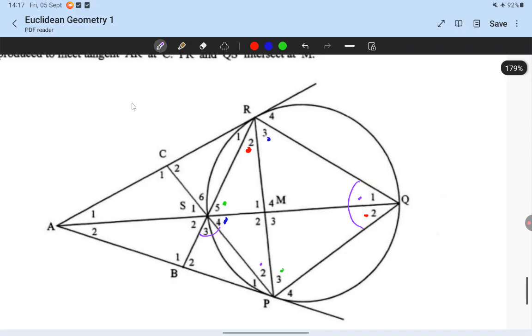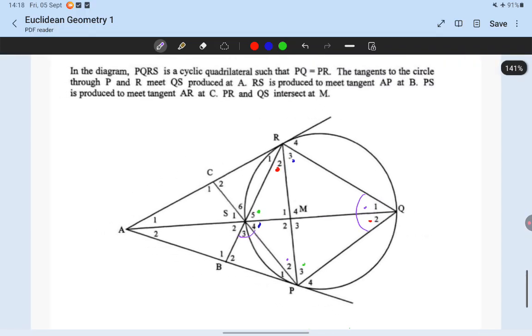So also we know that this 2 plus this 2 is equals to 180. This 2 plus this 2 is equals to 180 as well, right? So these marked lines, they will help you to figure out all the angles that are equal without a problem.